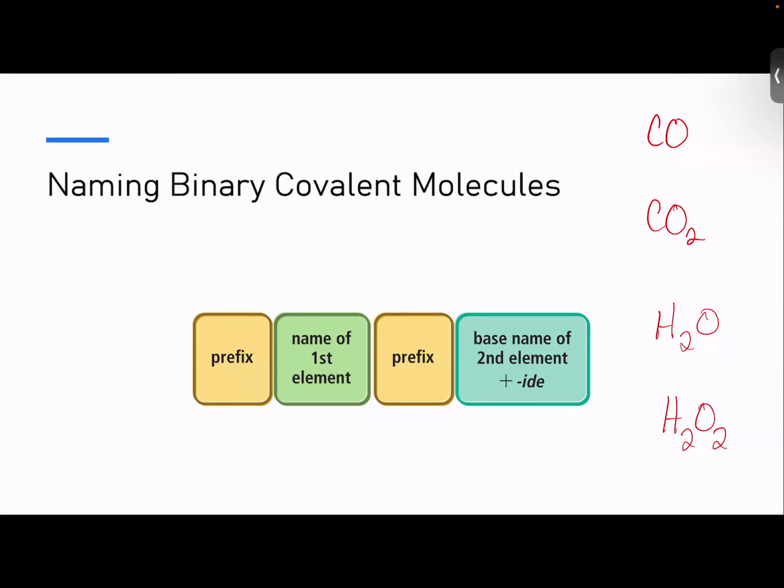So we need a method to differentiate what compound we're working with. That method is by using prefixes. We place a prefix in front of the name of the first element. We then place a prefix in front of the name of the second element, where the second element gets the ending IDE, just like it did when we were dealing with the anions. They got the ending IDE. Well, we're still dealing with the ending IDE here.